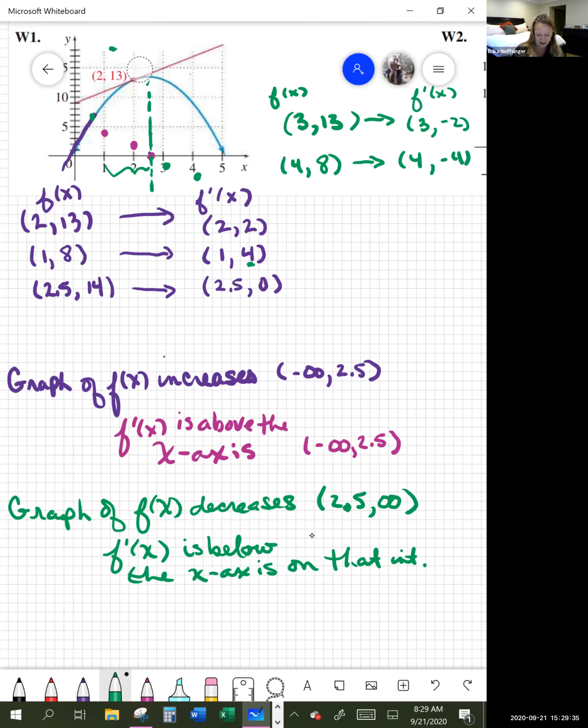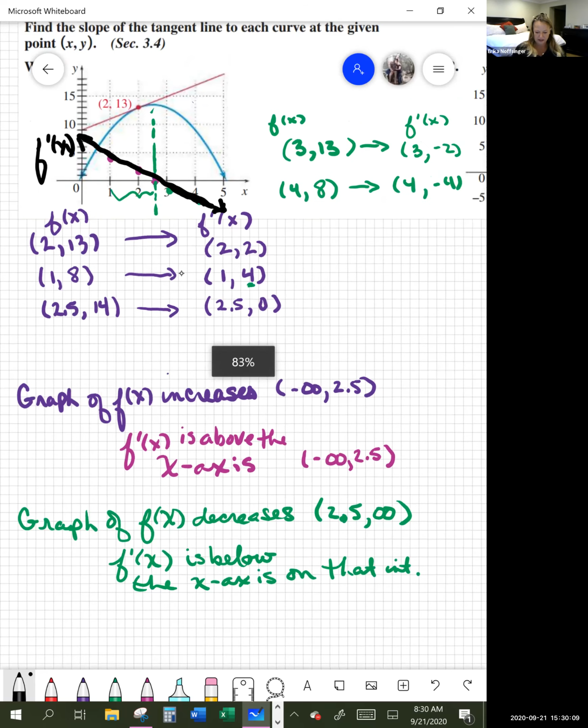But if I graph these now and put it together, the graph of the derivative function from the parabola function is a linear equation, or a linear line. Okay.